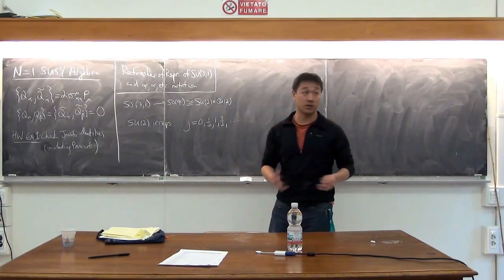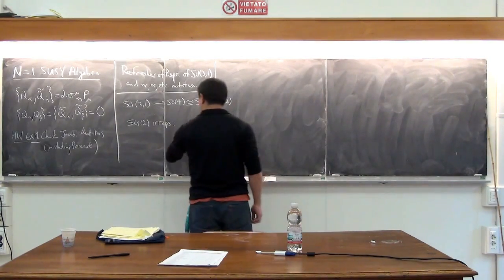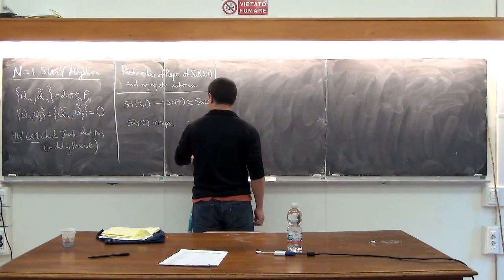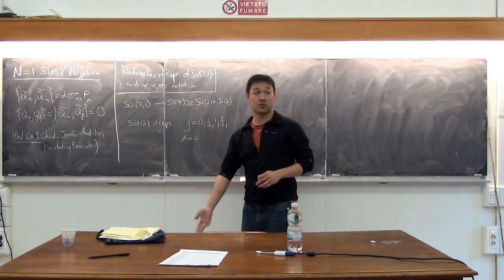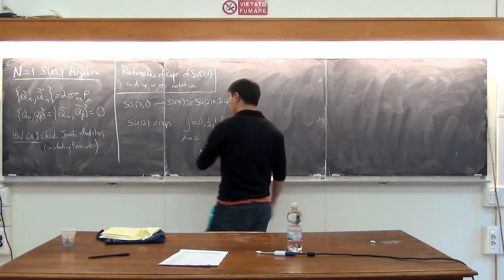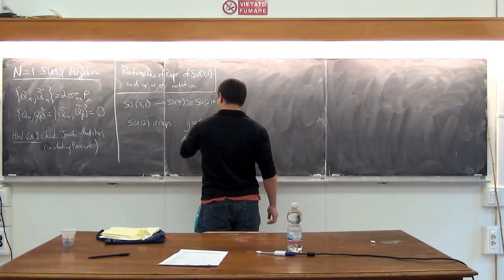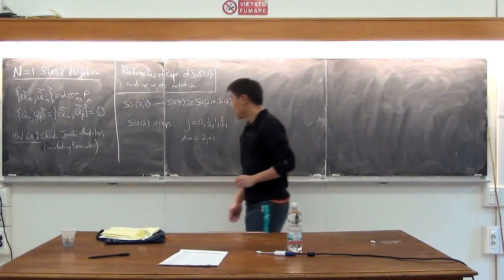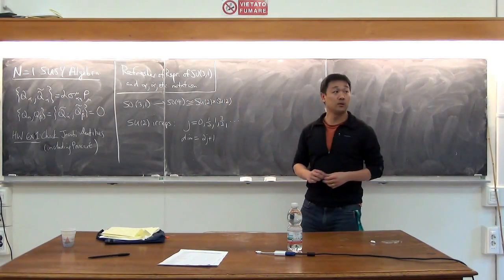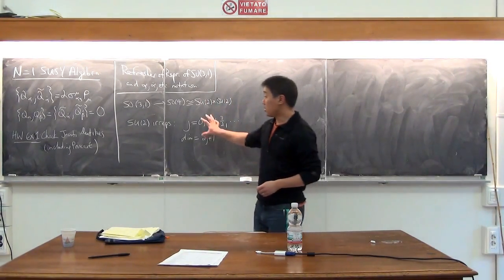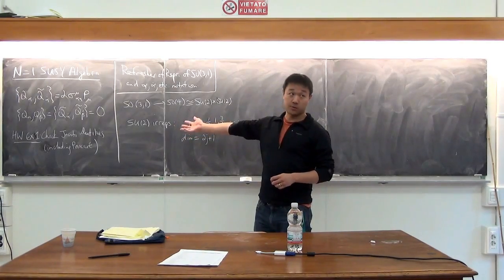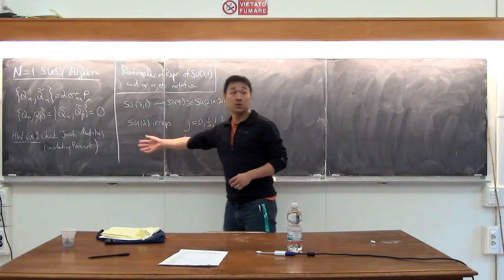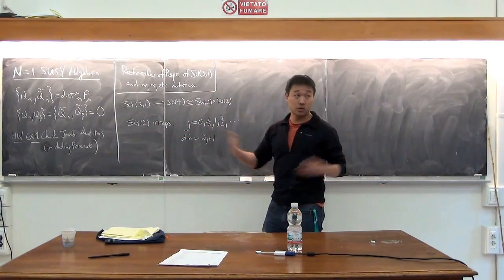So j is either integer or half integer. And the dimension of the representation, which is just the possible values that the z component of spin can take, is 2j plus 1. Those are the irreducible representations of a single SU(2), and SO(4) has two copies.